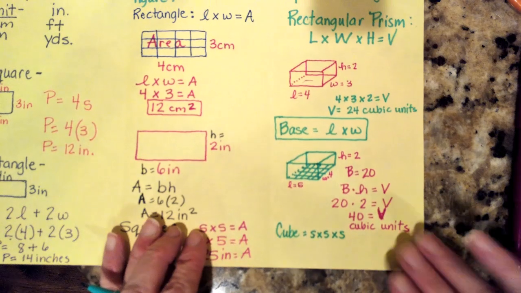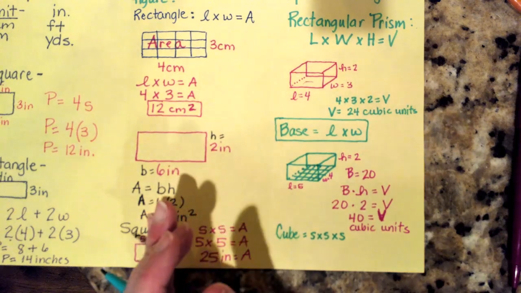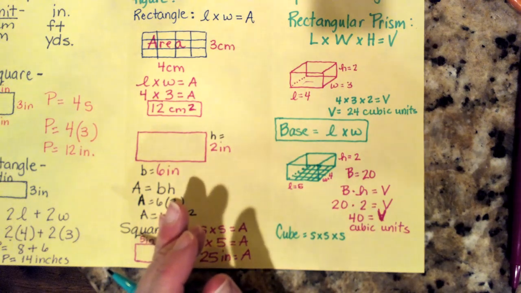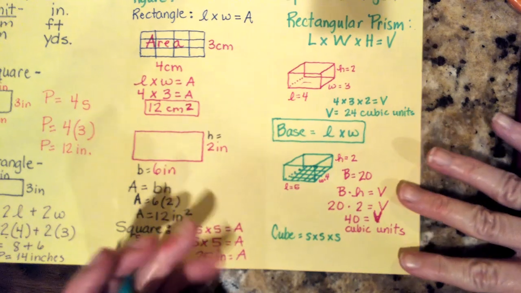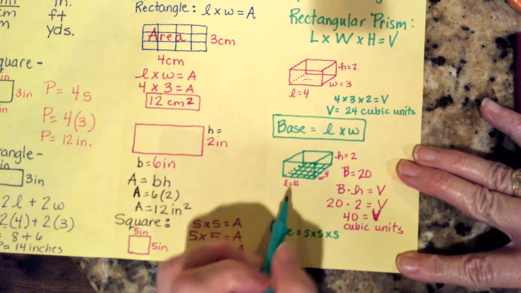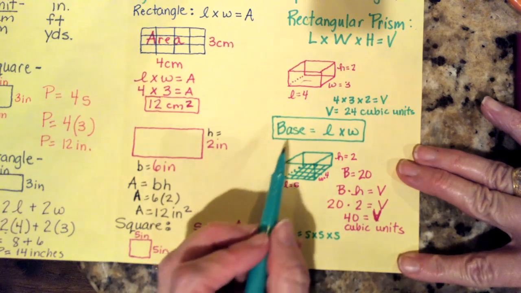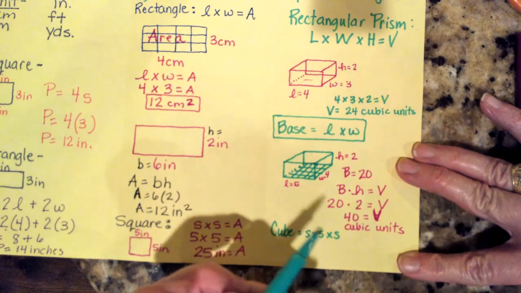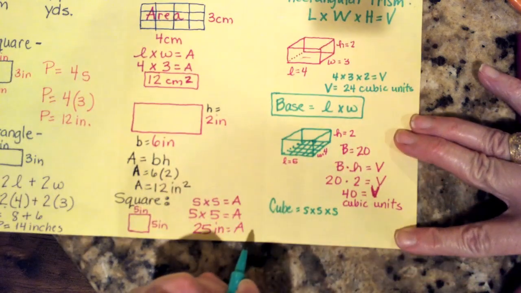So boys and girls, if you really wanted to just not confuse yourself, just know the one formula, length times width times height, is really going to be the easiest one to remember, because they're all going to give you the answer. The only thing you have to be careful about is when the base has already been calculated, then we only need to put it with the height. But back to our cube.